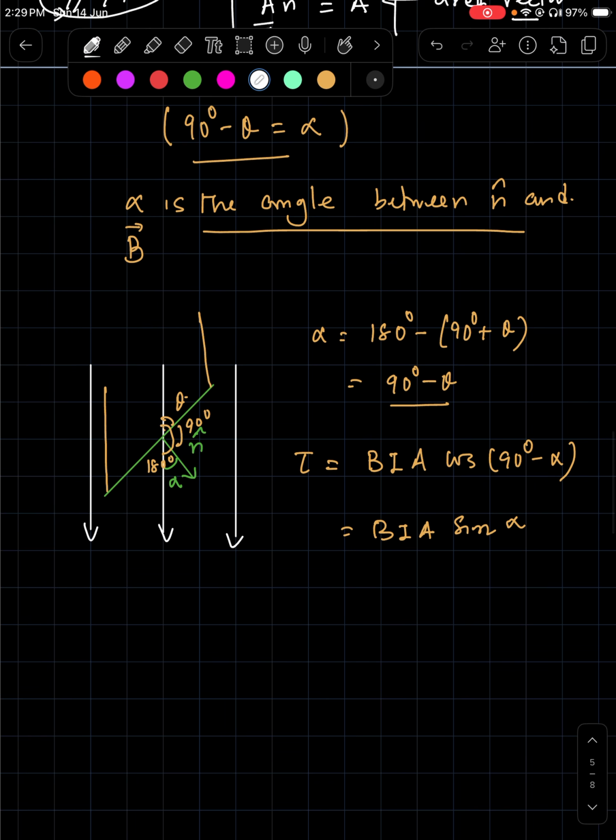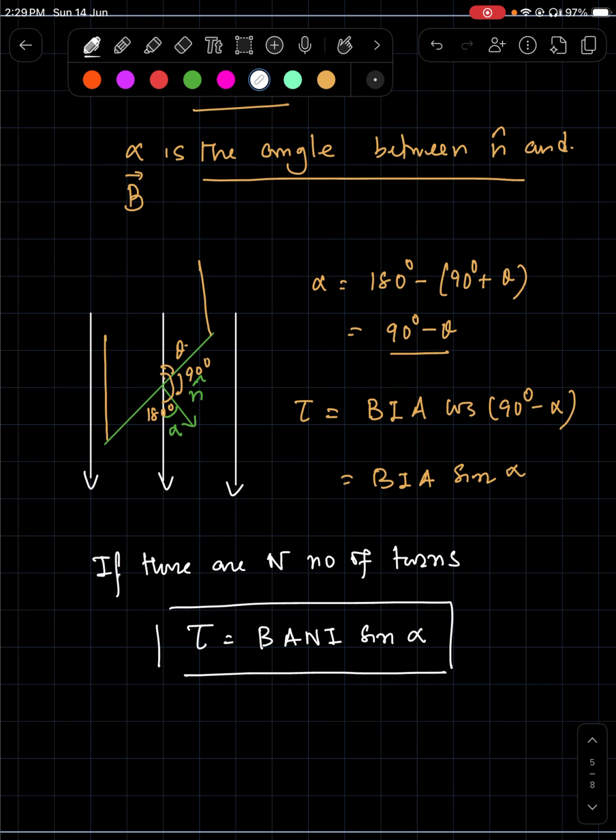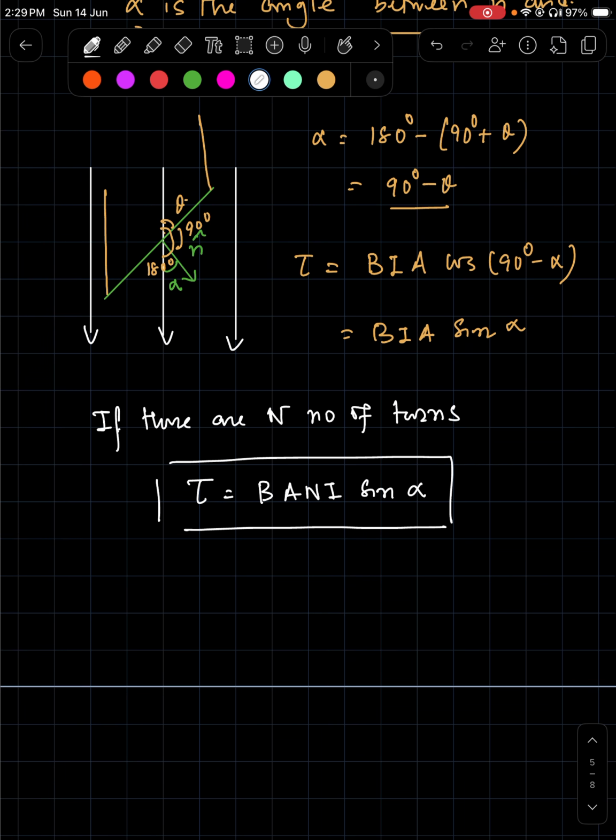If there are n number of turns, then the tau is modified: you have to bring the n into the expression. So it is the full formula of the tau, a more general formula we have to consider here. So that is the tau. Good.